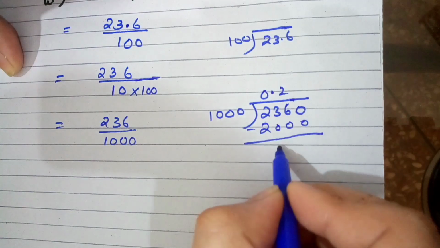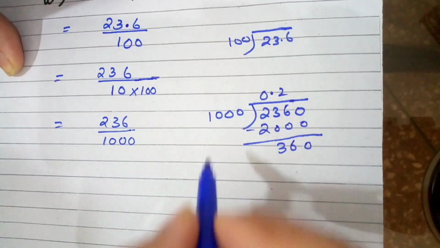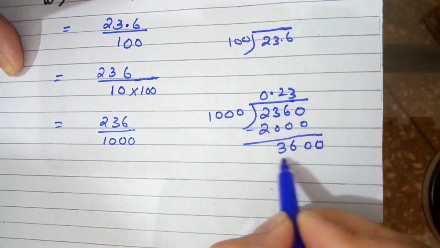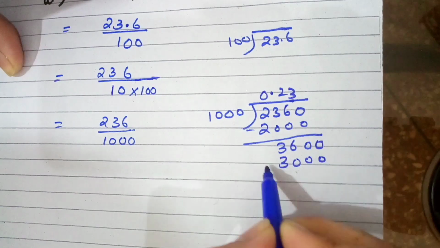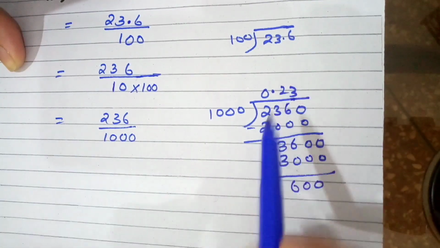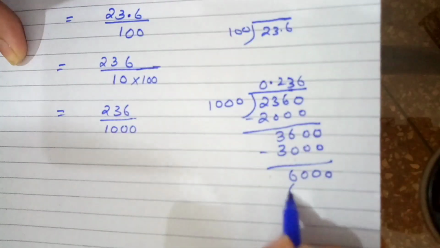Now subtract the term, we get 360. Now again by using this point we put 0 here. 1000 threes are 3000. Again subtract, we get 600. Now we put the 0 here, and 1000 sixes are 6000.